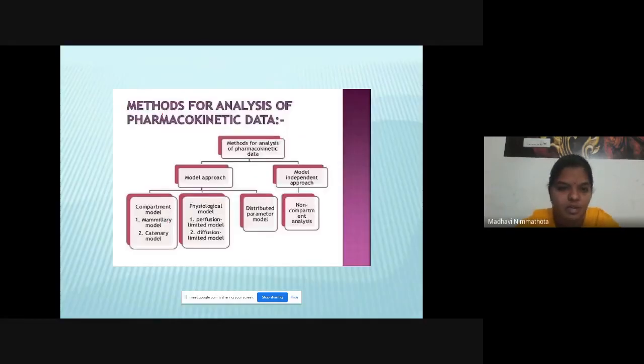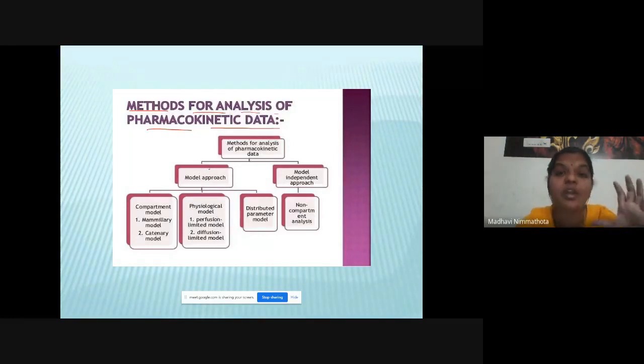Here is the chart: methods for analysis of pharmacokinetic data like Cmax, Tmax, AUC. These are all pharmacokinetic data, and you can choose methods for analyzing and interpreting such data. Why do you need to select these kinds of models? It is very tough to assume how much concentration of the drug enters your body or is distributed in your body. It is very tough to determine.